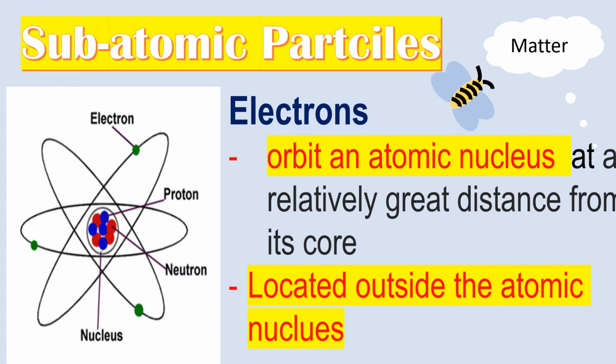Electrons are located outside the atomic nucleus. Electrons orbit an atomic nucleus at a relatively great distance from its core. Because electrons orbit around the atomic nucleus, they are the subatomic particles that affect the chemical reaction.